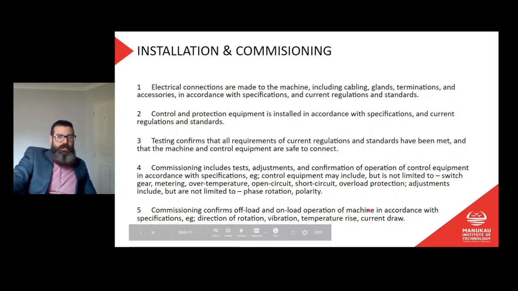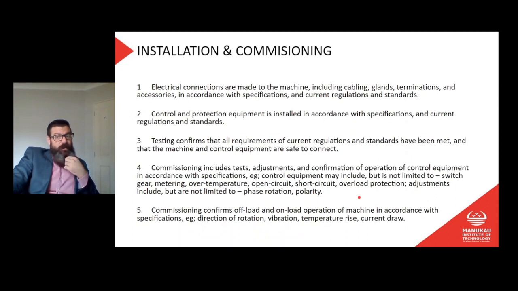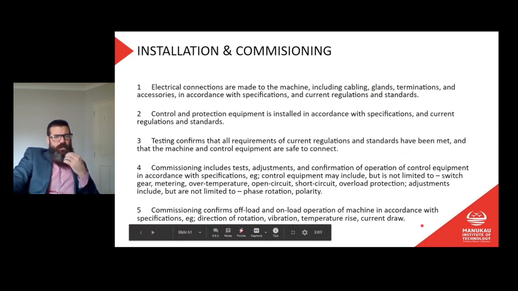Commissioning includes tests, adjustments and confirmation of operation of control equipment in accordance with specification. For example, control equipment may include but is not limited to switchgear, metering, over temperature, open circuit, short circuit, overload protection. Adjustments include but are not limited to phase rotation and polarity. Commissioning confirms offload and onload operation of the machine in accordance with specifications, e.g. direction of rotation, vibration, temperature rise, current draw.